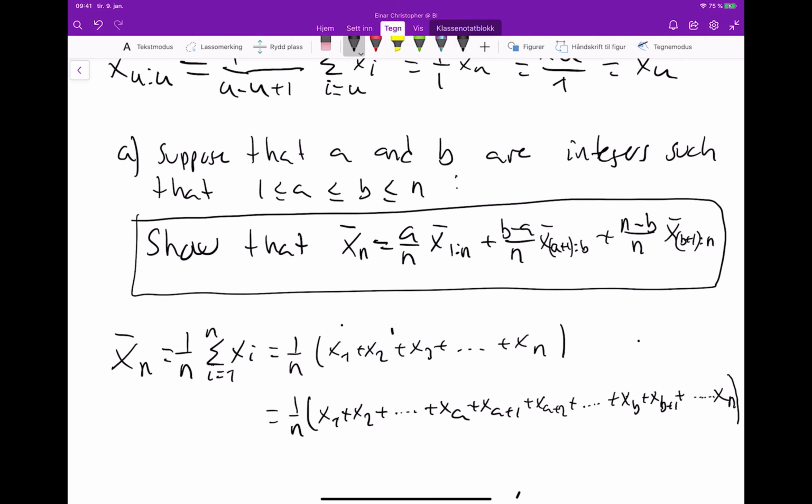So here we can think of this as the first part from 1 to a, this as the second part from a plus 1 to b, and this as the third part from b plus 1 to n.